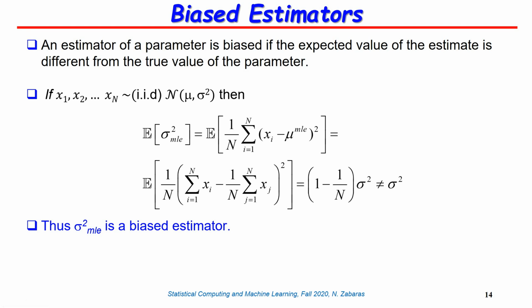Okay, and you can see that the variance through this MLE estimator is underestimated. We have minus 1 over n. Of course, this term as n goes to infinity is very small, but in settings where we have a small data set, the variance is underestimated, and this issue is not a trivial one.